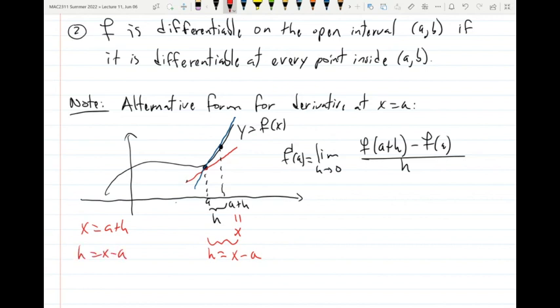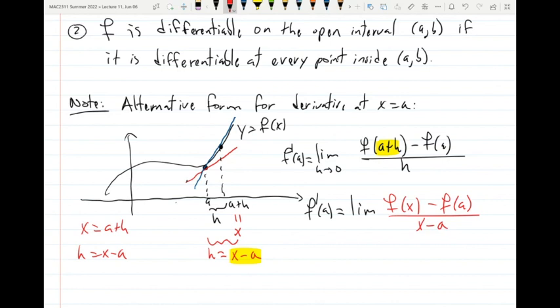Okay. Now let's go to a formula. So f prime of a is going to be the limit of, instead of f of a plus h, that's just f of x, because I'm calling this guy x, minus f of a, and then instead of h, I put x minus a.